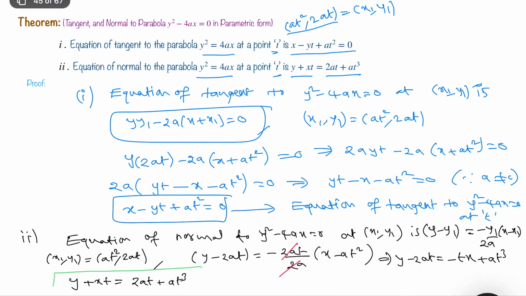So this is the equation of the normal to y square minus 4ax equal 0 at t. t means at a point at square comma 2at.